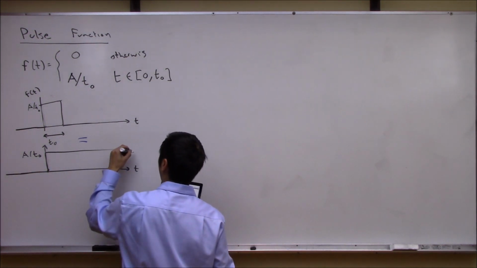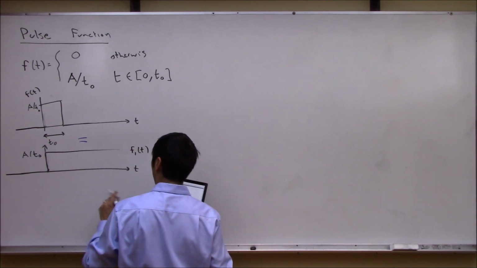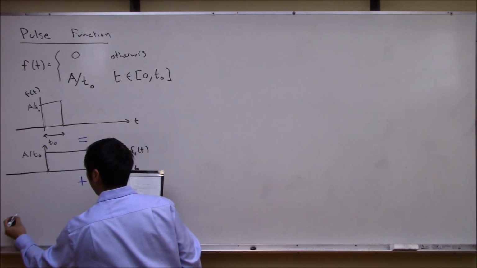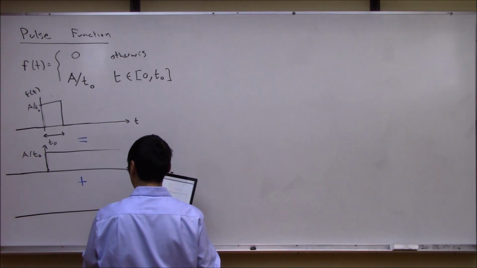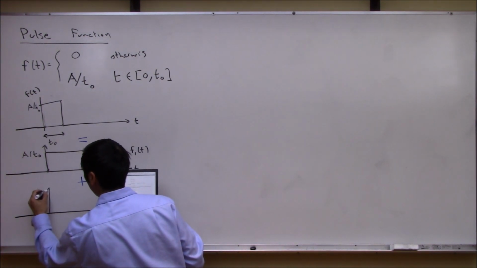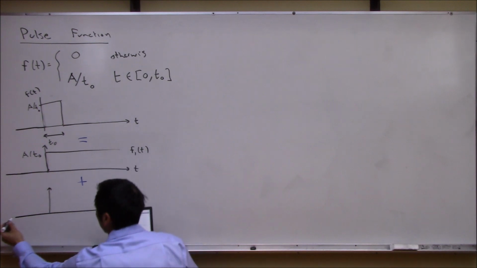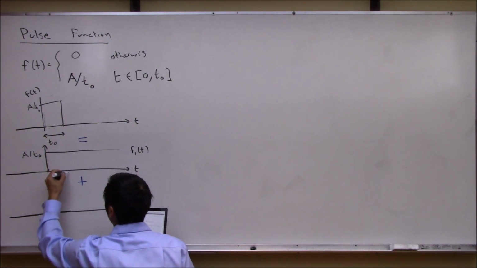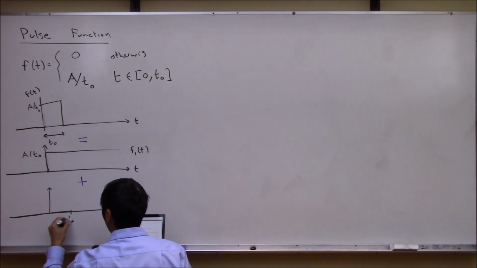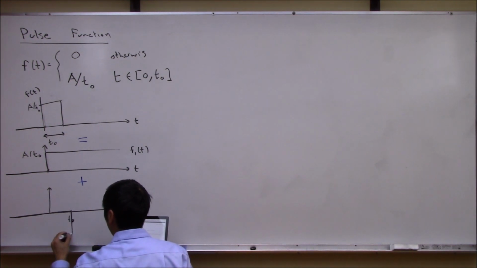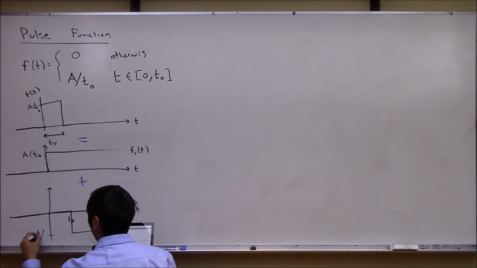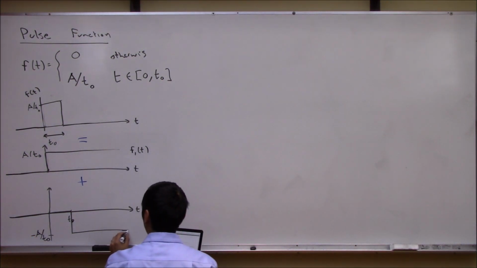So here's like f1, right? This plus a second step function, which is basically 0, 0, 0, 0, 0, and then here at t naught turns on to a value of negative a over t naught, right?